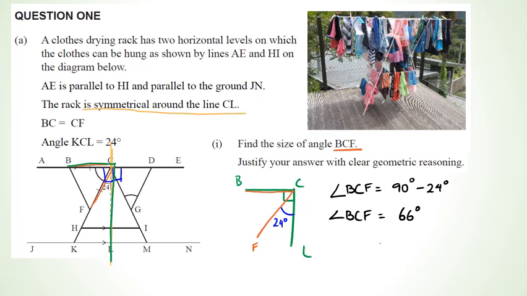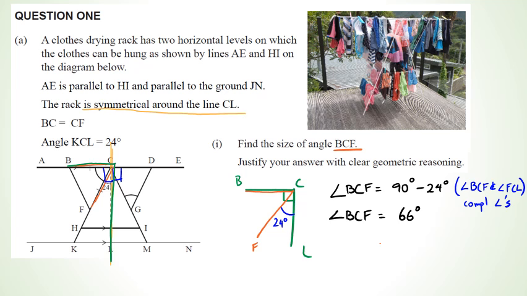Now in terms of reasoning here, you could say that the reason is because angle BCF and angle FCL are complementary angles, and complementary angles add up to 90 degrees.